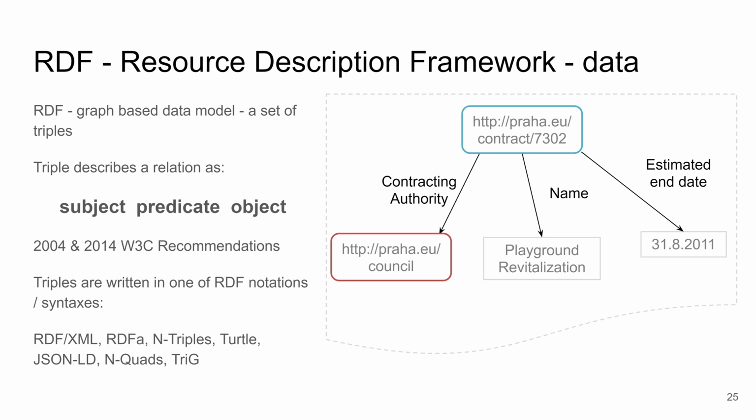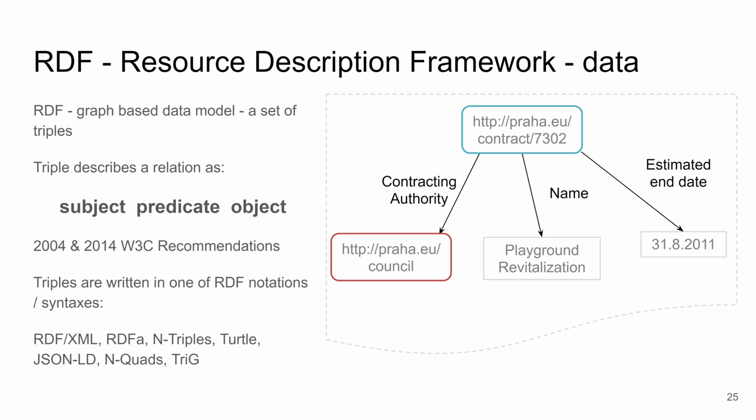Now, if we only had one triple or one statement, that wouldn't be too useful. So we'll add 2 more statements here, and we have a small graph about a public contract published by the city of Prague.